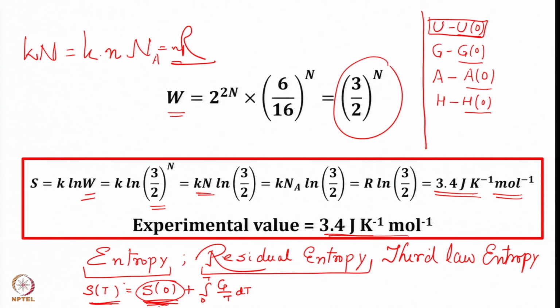By now we have connected the molecular partition function with all thermodynamic quantities except one which remains, which connects the changes in Gibbs free energy with the equilibrium constant of a reaction. Very important discussion: how to connect the equilibrium constant with the molecular partition function.